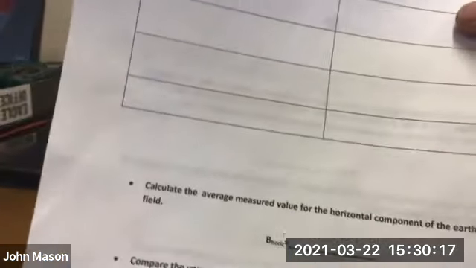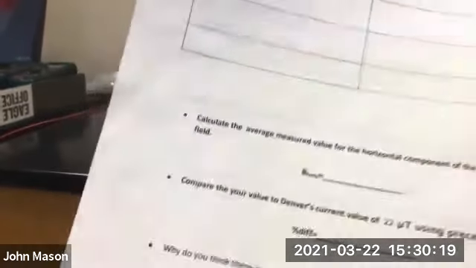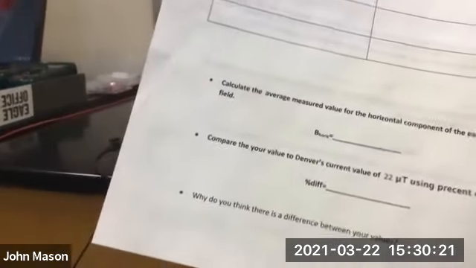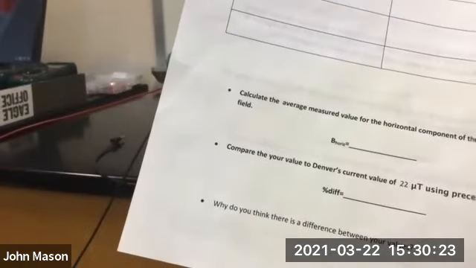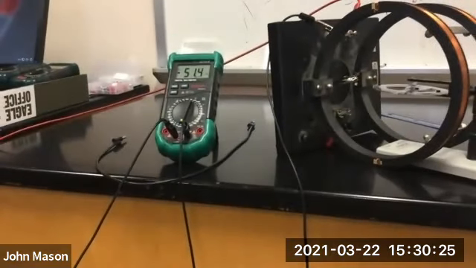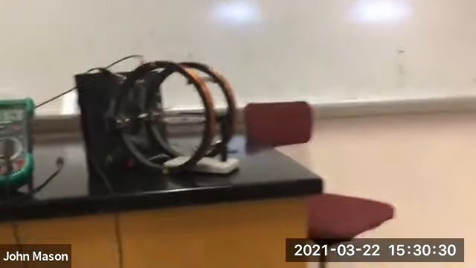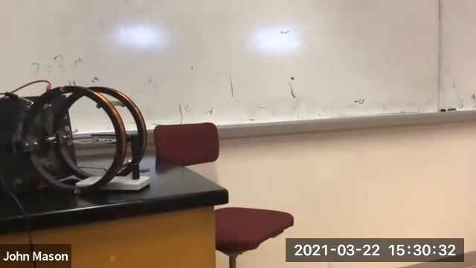And you can use a little vector geometry to show that the horizontal B field of the Earth can be gotten, because what's going on here, if I write on the board.